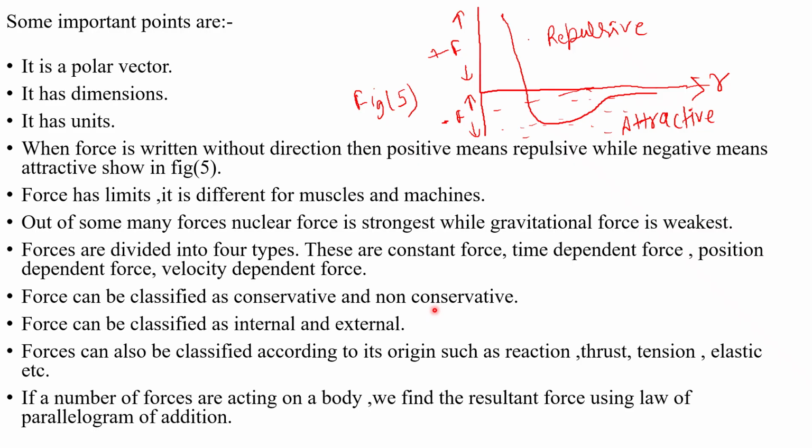Next, force can be classified as internal and external. Internal forces are those which arise from interactions with the other particles that are part of a system, while external forces are those which originate beyond the system under consideration. The same force can be external or internal depending on the system.